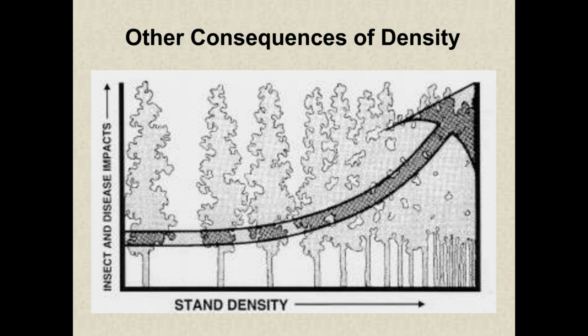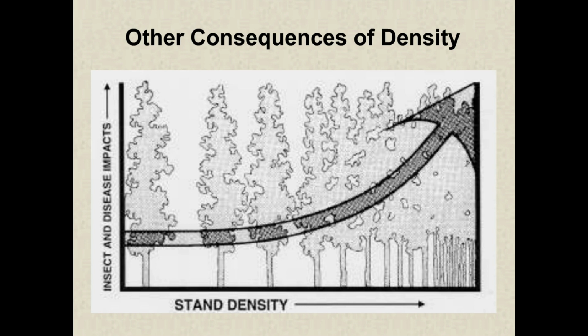In general, this story is true. You get much more density, and the chance for having bugs in there goes way up because the trees are less vigorous and less able to fight it off. What's interesting, there was some work done some years back on lodgepole pine that suggests the relationship is more like this.